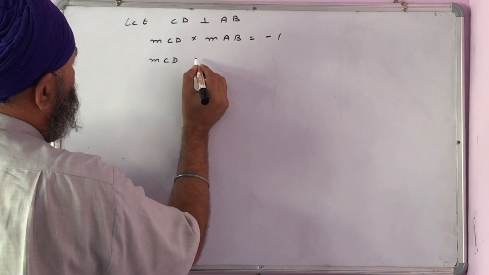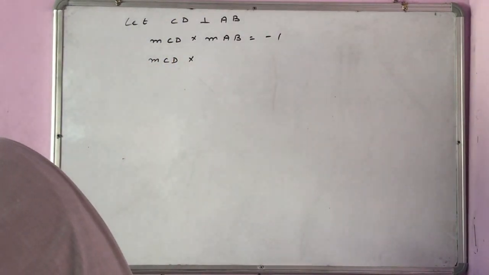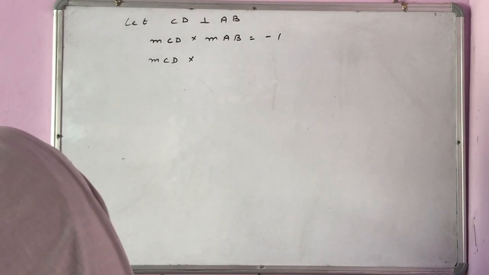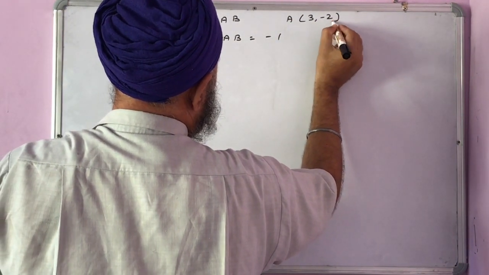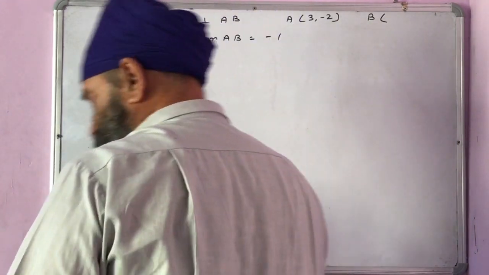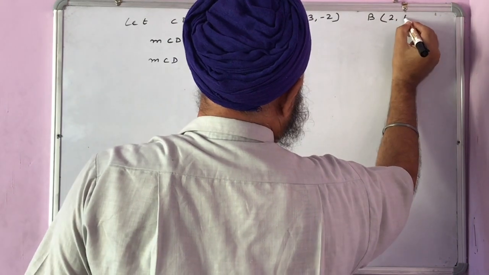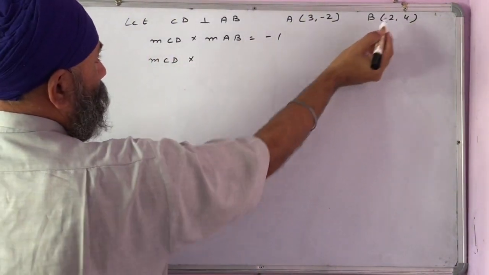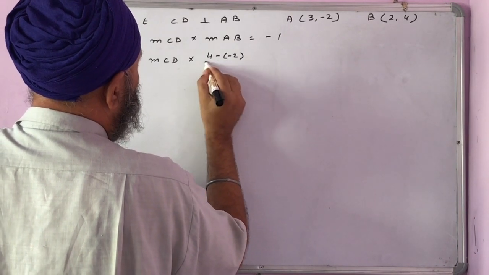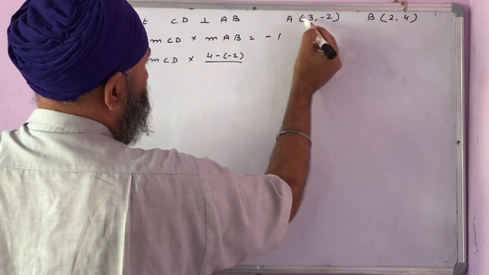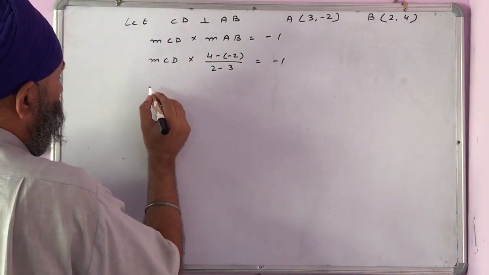MCD we don't know. What is MAB? A is 3, minus 2. B is minus 2, 4. Then MAB is y2 minus y1, 4 minus minus 2, upon x2 minus x1, 2 minus 3, equal to minus 6 upon 1, that is minus 6.